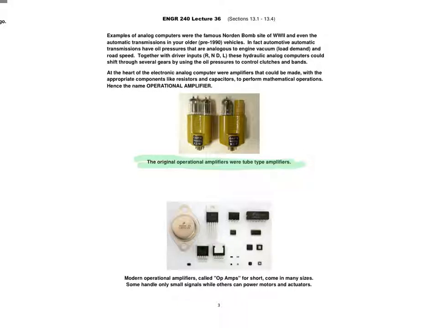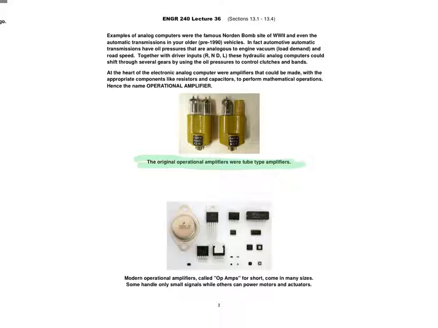It has an input from the driver, such as drive, reverse, neutral, or low gear, but together with two other signals, one called the vacuum modulator signal, which is an oil pressure related to the engine demand as indicated by intake manifold vacuum, and another signal from the governor, which is proportional to road speed.